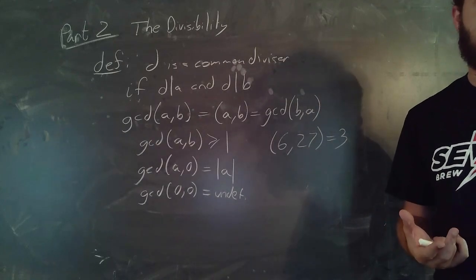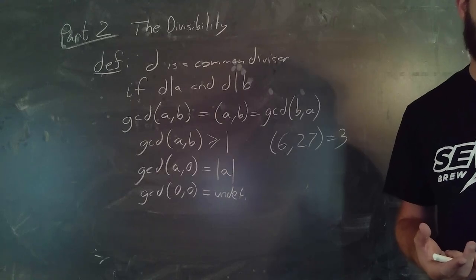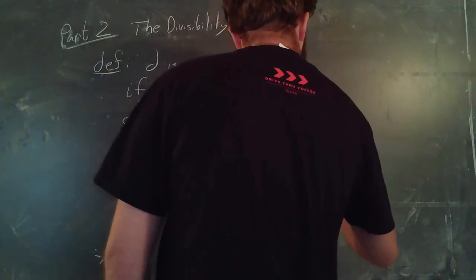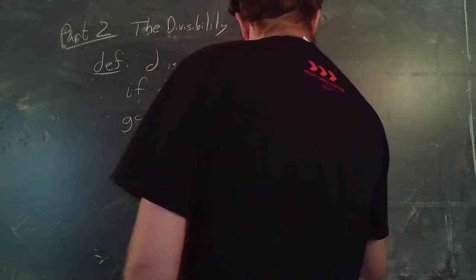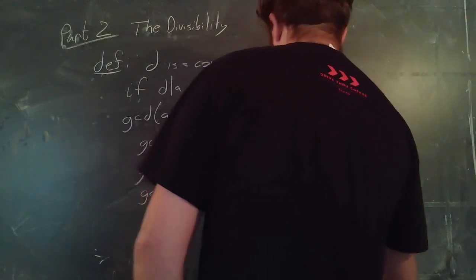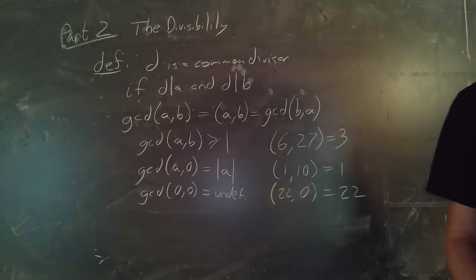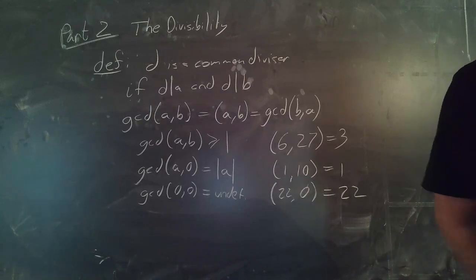For bigger numbers, however, we are going to use an alternative method to find the GCD. So we could also say the GCD of 1 and 10 is 1, and the GCD of 22 and 0, by this definition, is just the magnitude of the non-zero number given, 22.